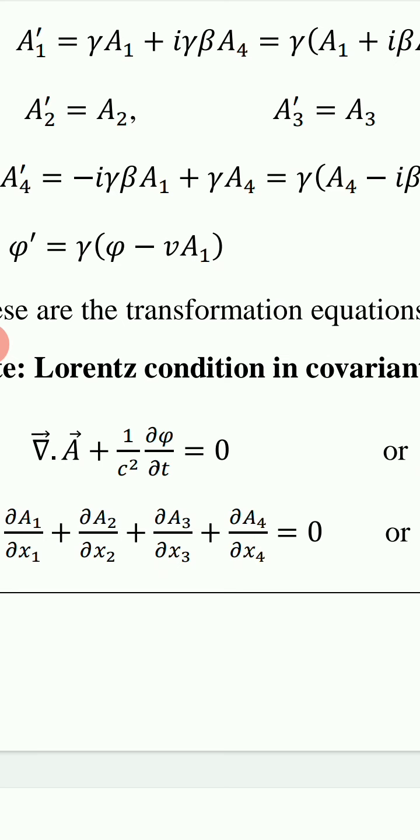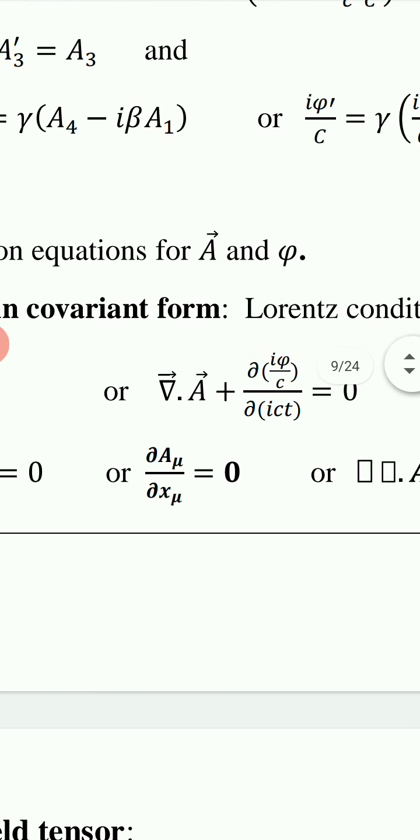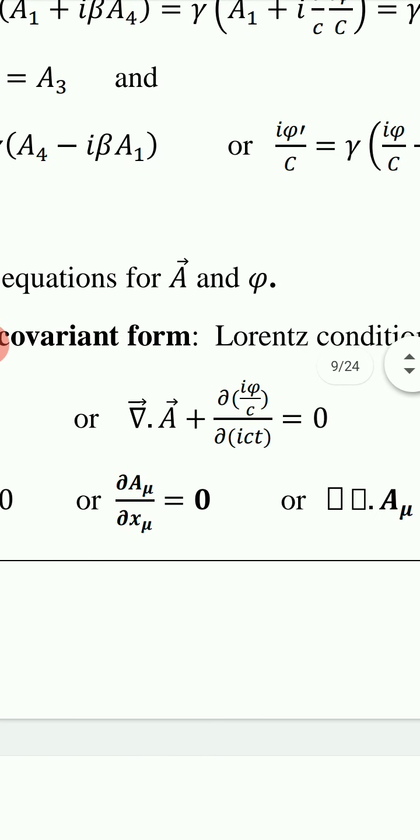So in the numerator we have i phi upon c in place of phi, and in the denominator we have ict, so that i phi upon c becomes A4, the fourth component of 4 vector potential, and in the denominator we have ict, which is x4, the fourth component of position 4 vector.